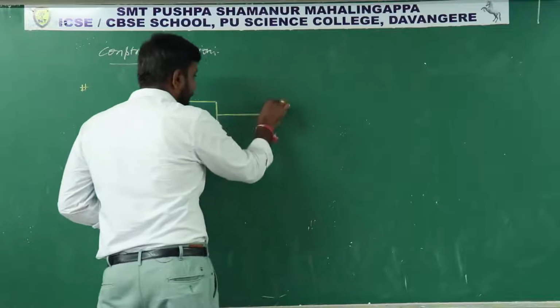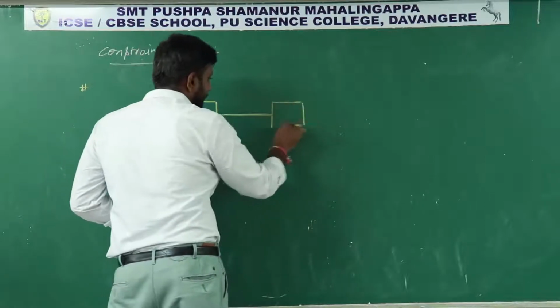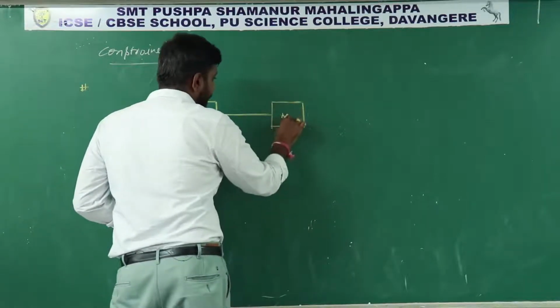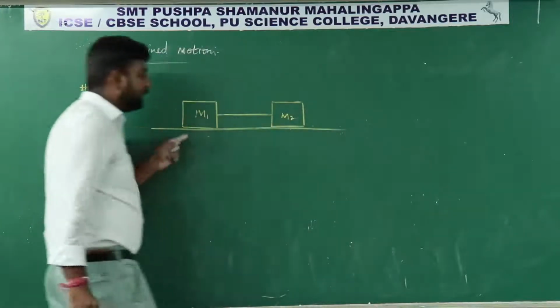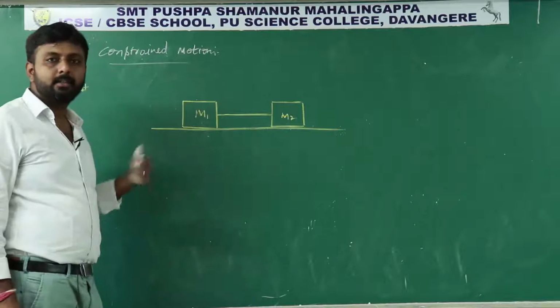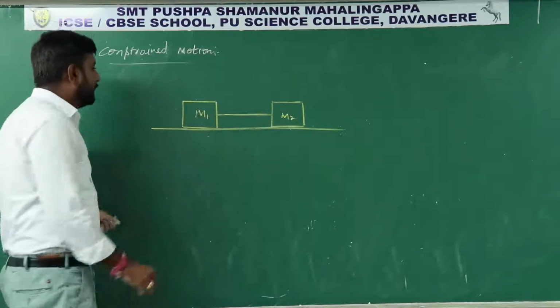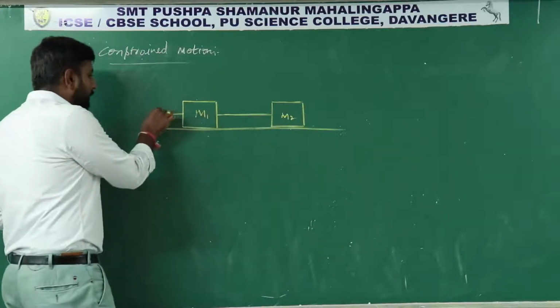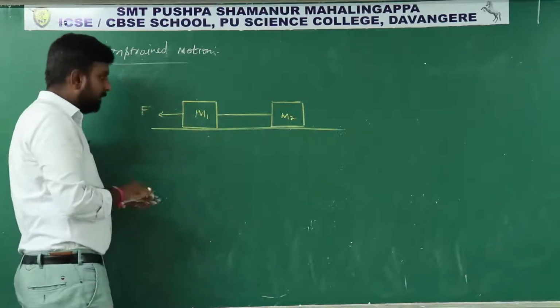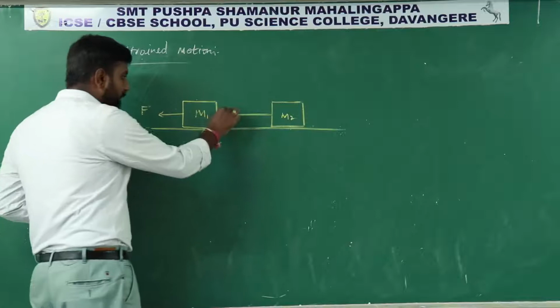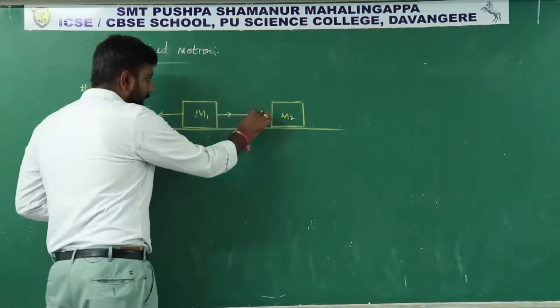It is connected by a string, and here this is the block of mass m2. This is the horizontal surface, frictionless surface. Then you are applying force on the block of mass m1 in this direction. Because of that force there is a tension developed in the string.